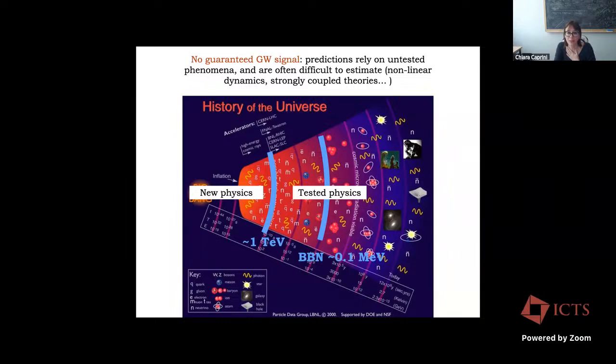This means that basically all the gravitational wave production mechanisms are rooted at high energy scales that have not been tested yet. So the predictions of the gravitational wave signal rely on untested phenomena, and it is not clear that these signals are there.